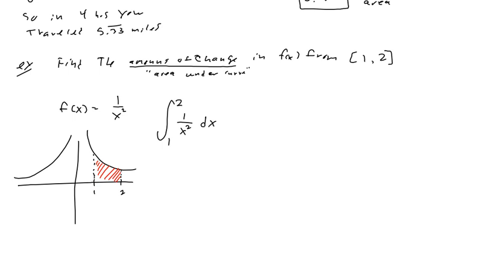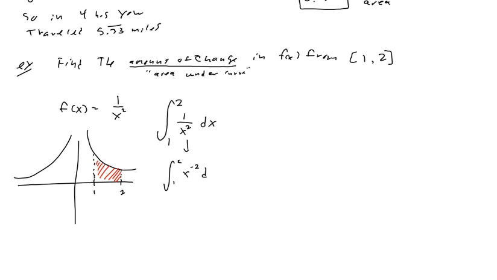So what's the integral of 1 over x squared, everybody? Well, we don't like it when variables are on the bottom, right? So we can change this to be the integral from 1 to 2 of x to the negative second power.